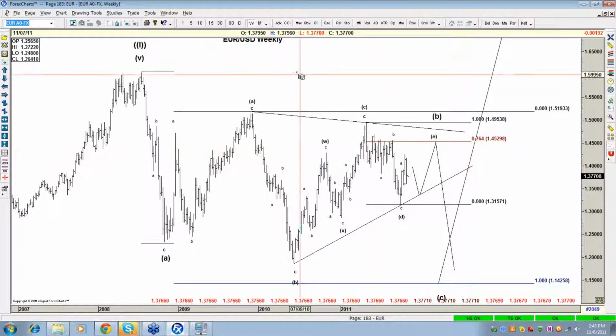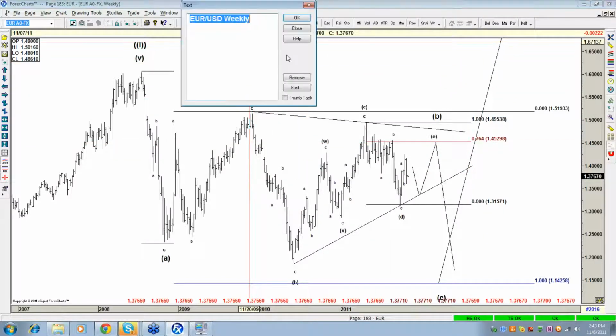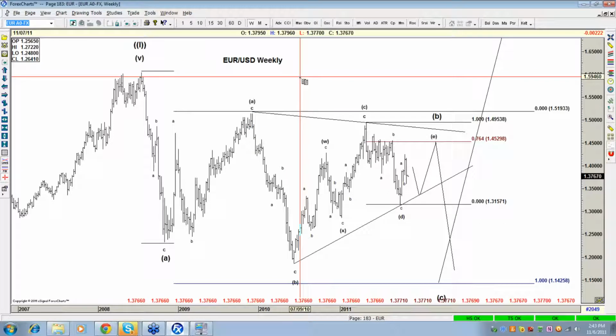Now, everything, remember guys, is based in copper doing a deeper correction, and also based in the idea that cable is not trusting for the triangle. That's a fact. Cable is not trusting for the triangle yet. Cable is either in a B wave of E or is still within the D wave.